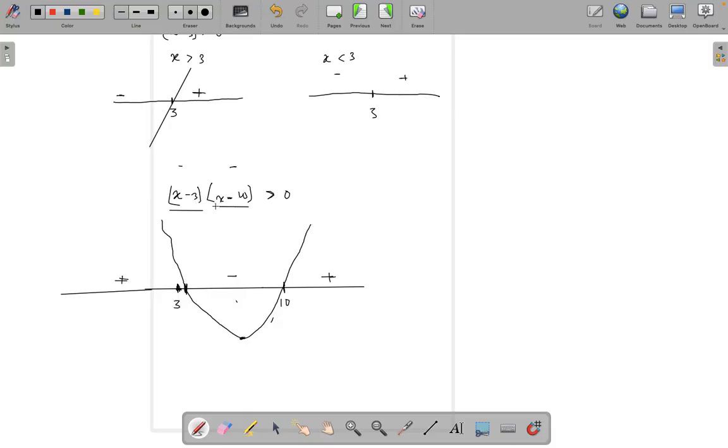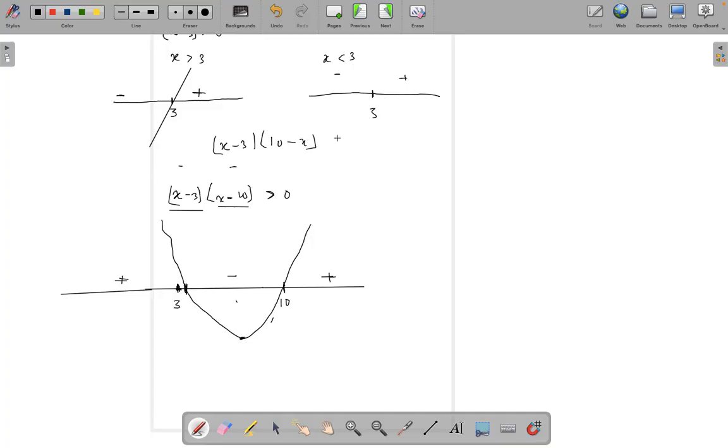So if x has a certain value, it will always be positive until and unless you have, say, x minus 3, and then you have 10 minus x. So even if it was x plus 10 into x plus 3, it will still be plus minus plus.